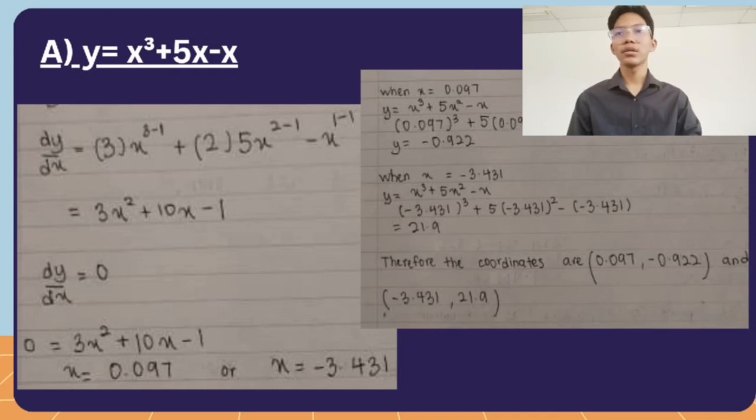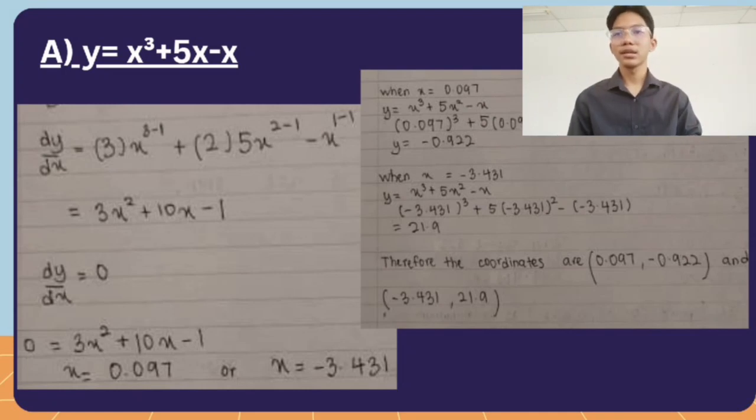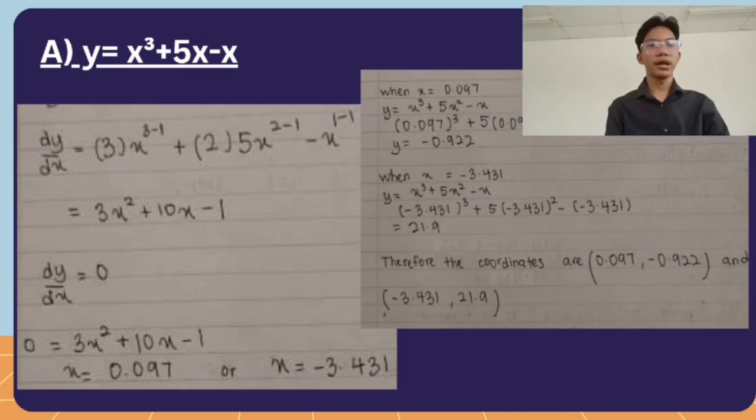Then we set dy/dx equal to 0, so 0 equals 3x power of 2 plus 10x minus 1. We will find x, and x equals 0.097 and x equals negative 3.431.